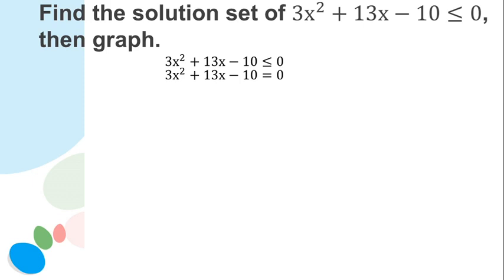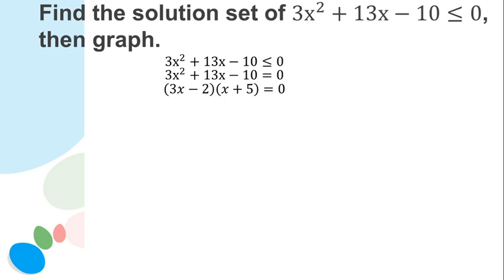So we change the inequality into an equation. Then next, we are going to solve using either of the four methods of solving quadratic equation. So we can have factoring method. So the factors are 3x minus 2 times x plus 5 is equal to 0.